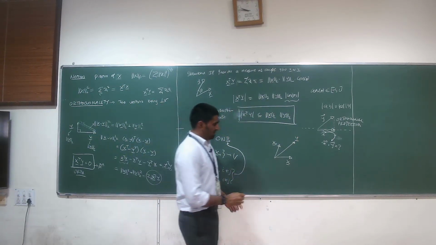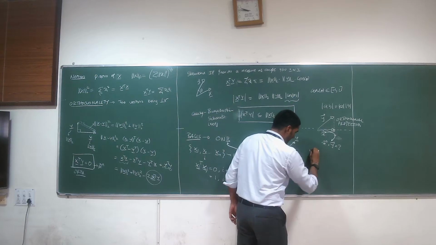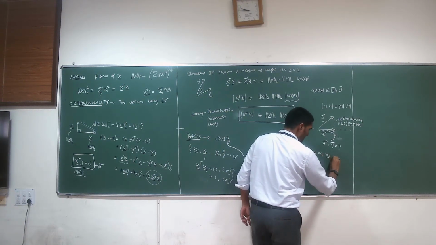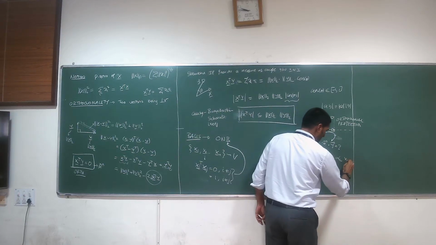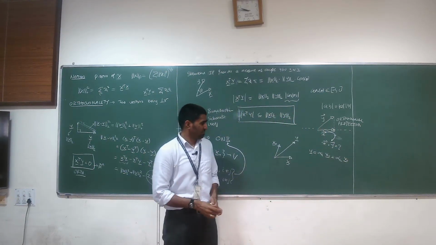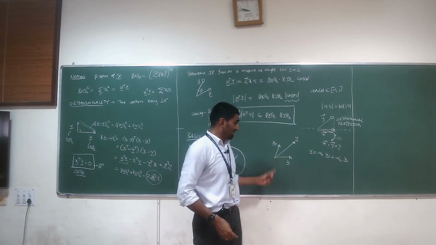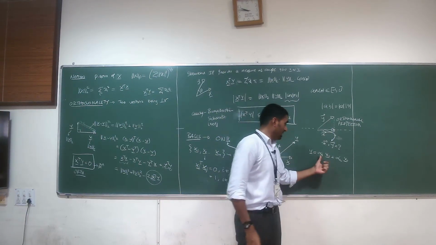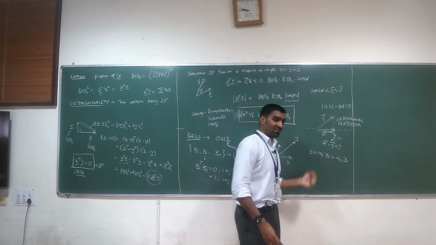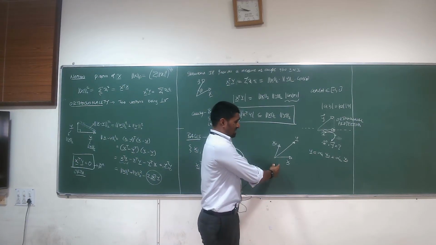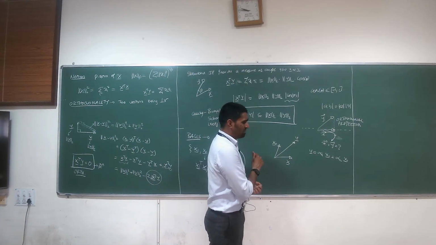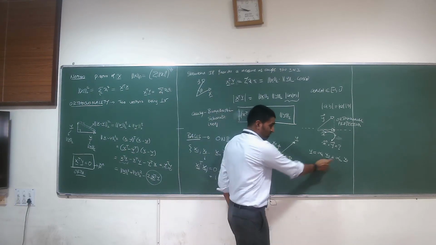That means I can express y like this: alpha 1 x1 plus alpha 2 x2, right? Because that's the definition of basis. And there is a unique way I can do this. There is only one set of values, alpha 1 and alpha 2, that will give me this. If I gave you this picture and I gave you a ruler, how would you find out the value of alpha 1 and alpha 2?